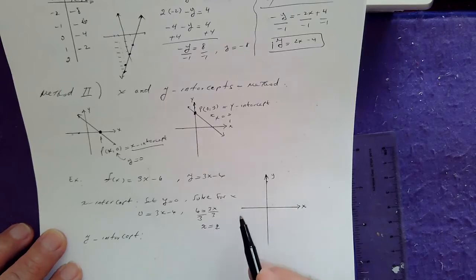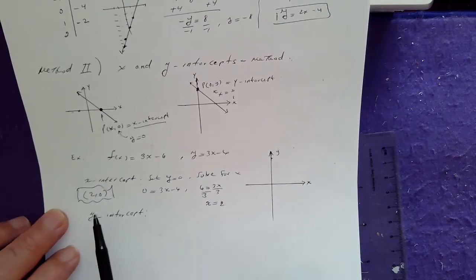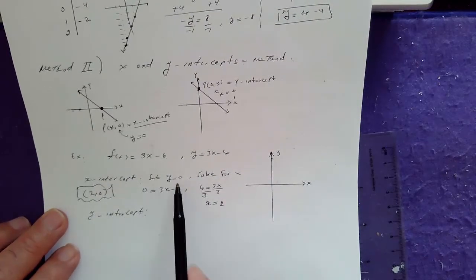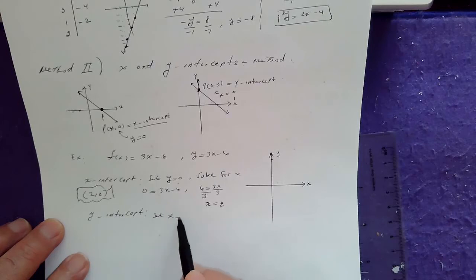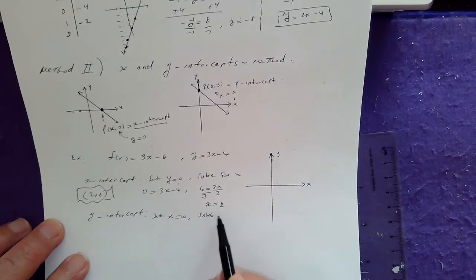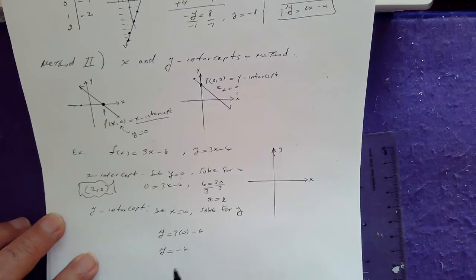So what are you saying? I'm saying the x-intercept is 2, 0. Remember, the reason we came up with 2 was because we set y equal to 0. For y-intercept, we set what? X equal to 0 and what? Solve for y, correct? So that would be like what? Y equals 3 times 0 minus 6, so y is equal to -6.